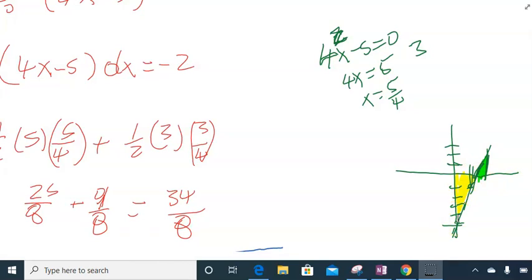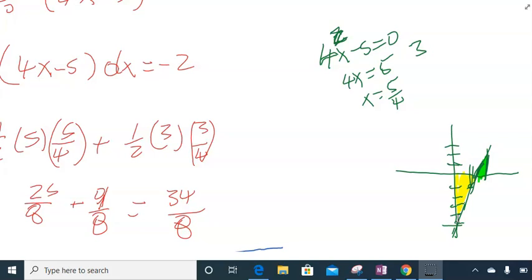Our x-intercept is at 5/4, so this distance here, which we can consider the base of the triangle, is 5/4, and then the height is 5, so that's how you get 1/2 of 5 times 5/4. And then for this green triangle, the base is 3/4, and the height would be 3.